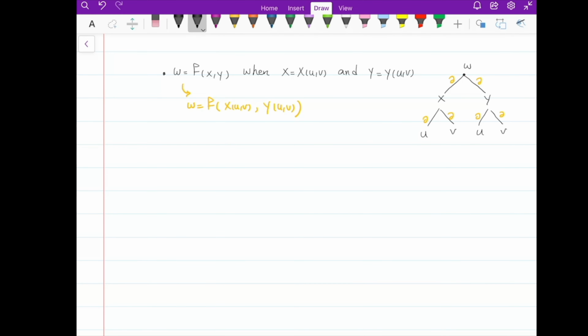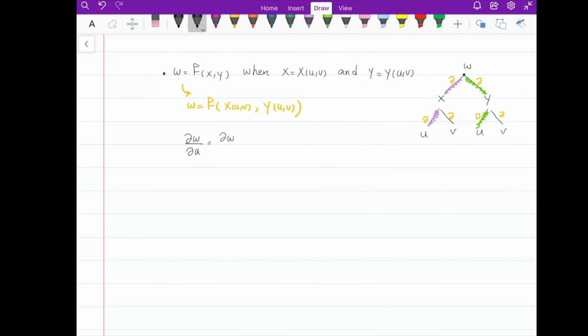Now let me calculate w with respect to u. I can go along this path in here to go to u, or I can go along this path in here to go to u. So I can write dw/du as what?